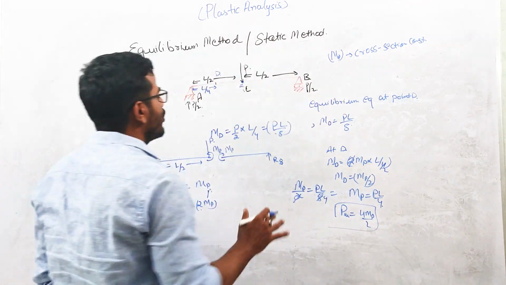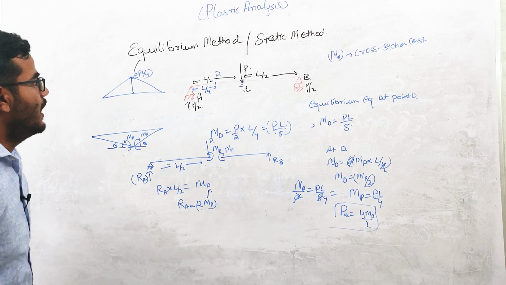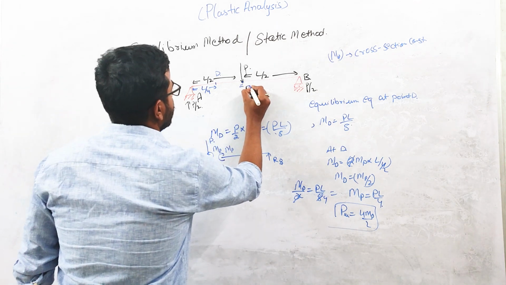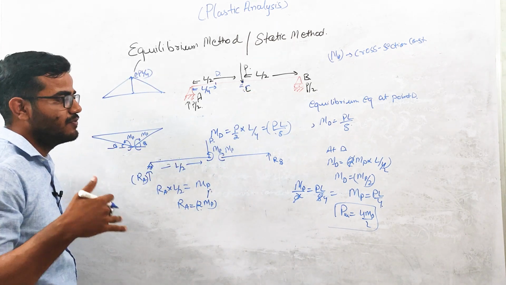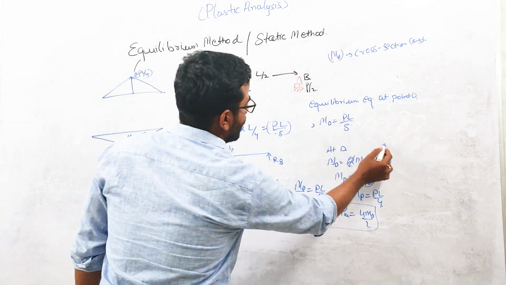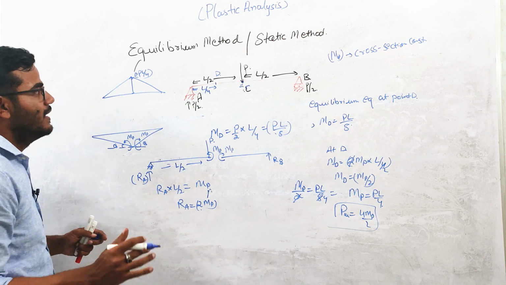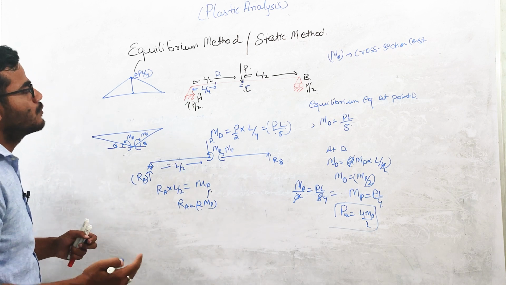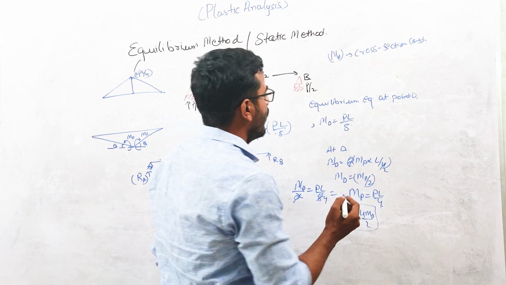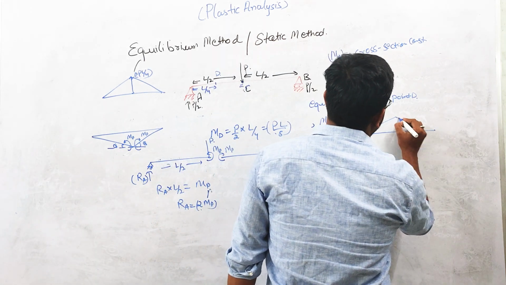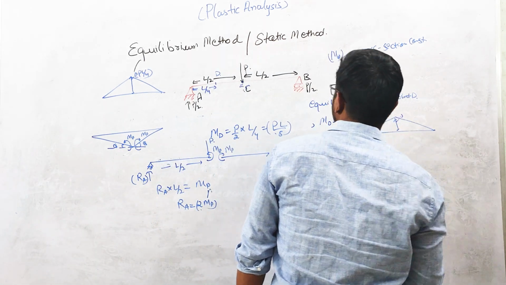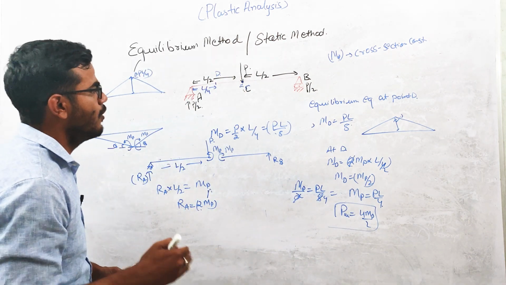You can write the equilibrium equation anywhere in this beam. The advantage of writing it under C is that the plastic hinge forms there, so we don't need to calculate these things. We simply equate that moment to the plastic moment. That's why it is advantageous to write the equilibrium equation where the bending moment ordinate is maximum, because chances are the plastic hinge will form at that point.